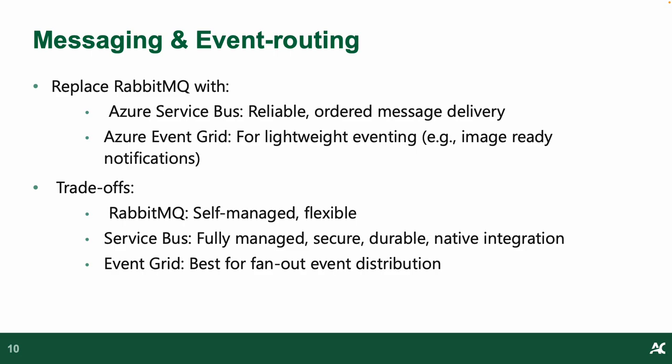The trade-offs are that the RabbitMQ is self-managed and flexible, but Service Bus is fully managed, but it is more secure and durable, and it can easily integrate with cloud-native applications. Also, Event Grid is best for a fan-out event distribution.